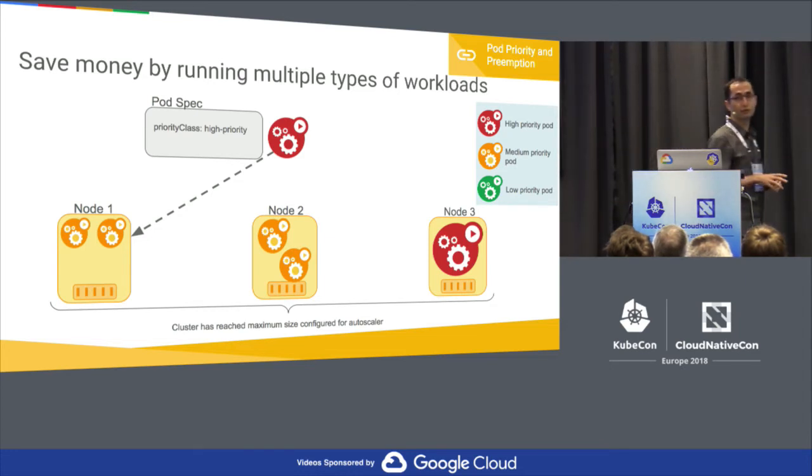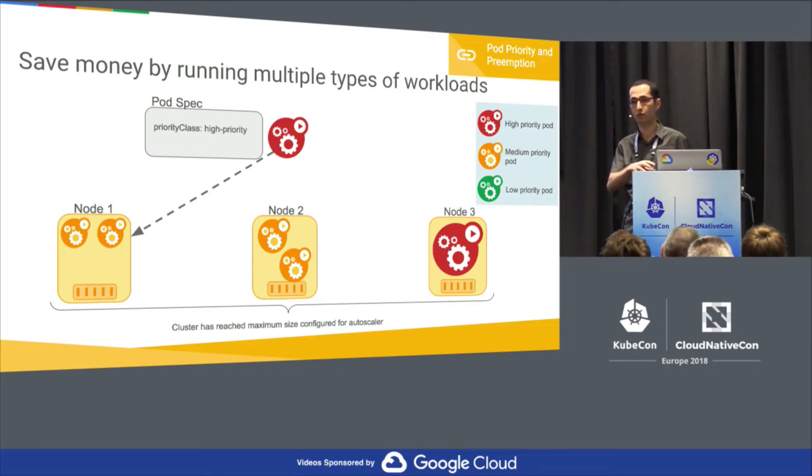But an alternative is to combine various types of workloads so that when there are available resources, you run your lower priority tasks. And when there is a need for more resources for, let's say, your production workloads, you remove some of those lower priority tasks, which we sometimes call filler tasks, from your nodes and use the resources for running your production workloads.